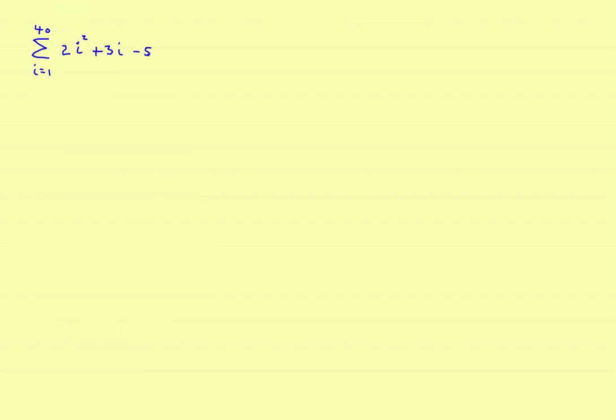Okay, now to start with, we'll do exactly the same thing as we did in the last one. First of all, split it up into 3 separate summations. So this will be the summation of 2I squared plus the summation of 3I minus the summation of 5. Now the next step, if you've got a constant, you can go ahead and bring that constant outside the summation sign.